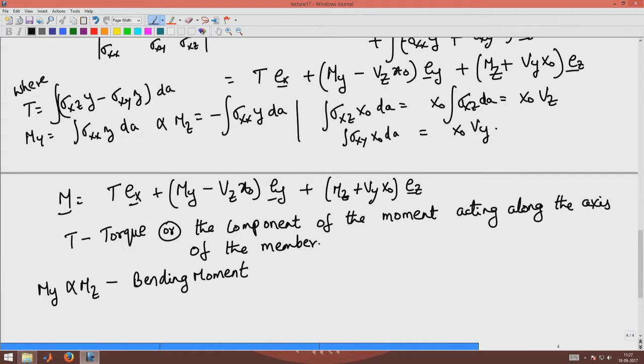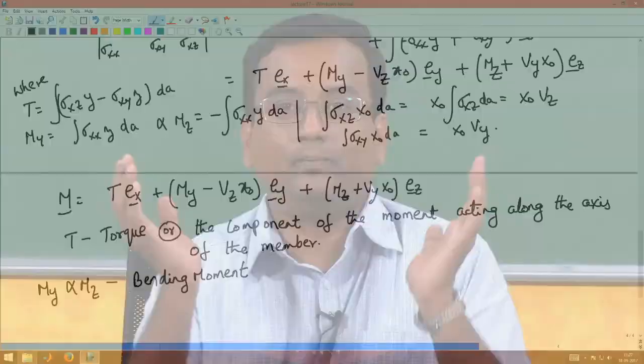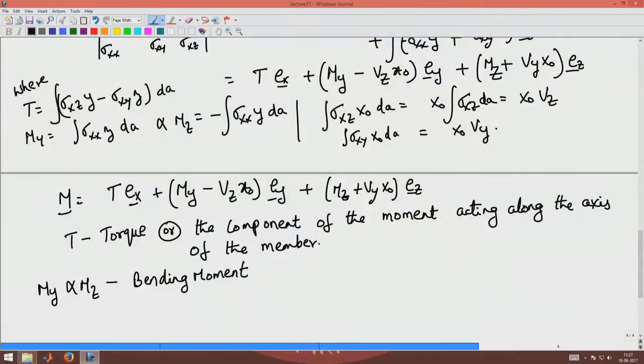In particular, Mz moment will produce a bending like this. This is Mz, right? For a coordinate system, we had Ex, Ey and Ez oriented like this. So, the moment Mz, which is this moment, will produce a deflection along the y direction.